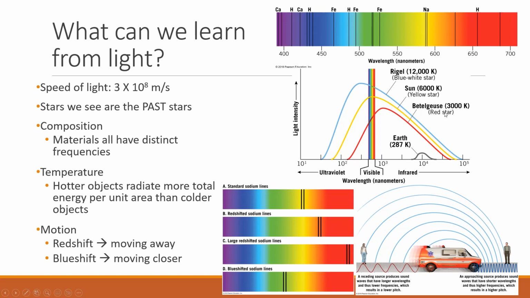On a side note, I was looking at light bulbs earlier today, so I'm going to say it. If you ever have wondered why they give you the color of the light in thousands of K or hundreds of K, this is what they're giving you: the temperature. So blue white light is going to be hotter than yellow light.